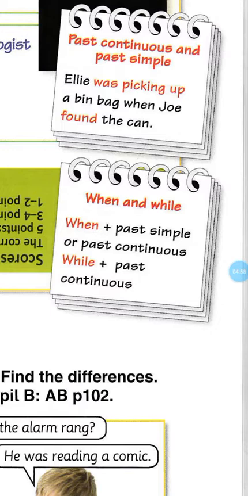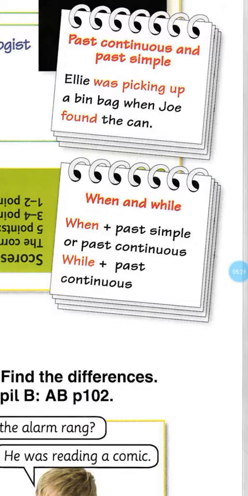Do we put the verb form as we like? No, of course. The past simple verb is a verb that happened and ended in the past, but it doesn't last for some time, okay? But the past continuous verb happened and ended in the past too, but it lasted for a time.